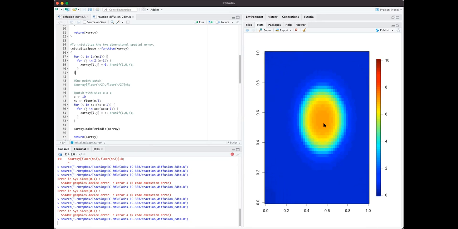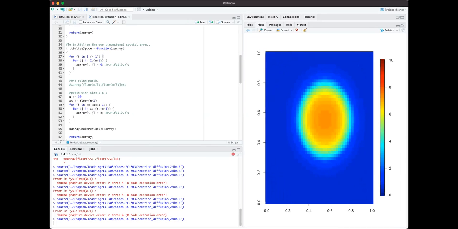Look at the red colors, which are roughly the upper branch. It's close to 7 and 8. So it seems that in the center, what you now have is a patch of the upper stable state, the higher vegetation density, higher population density stable state. I just have to wait long enough.